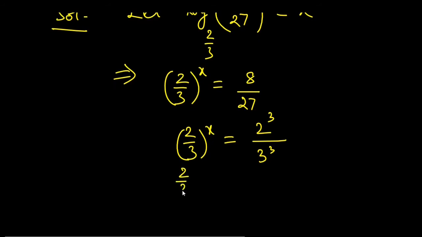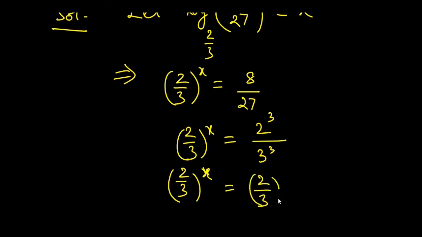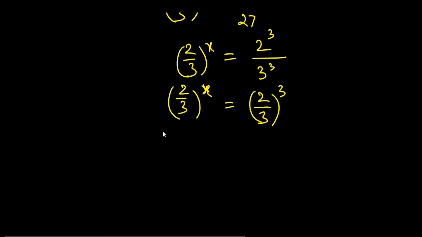So 2 by 3 whole power x is equal to 2 by 3 whole cube. As the bases are equal here, the exponents are also equal. So x is equal to 3.